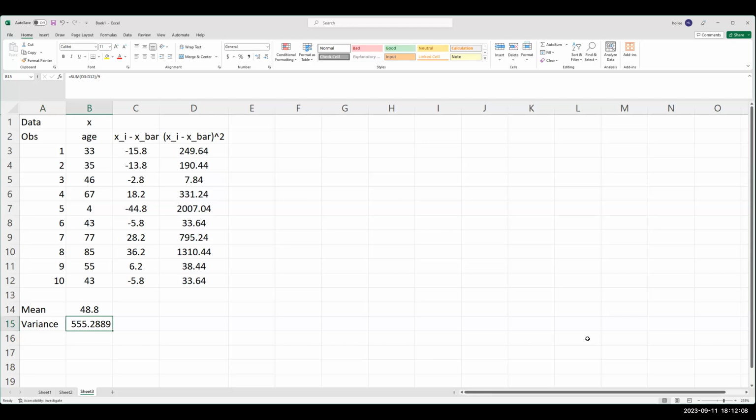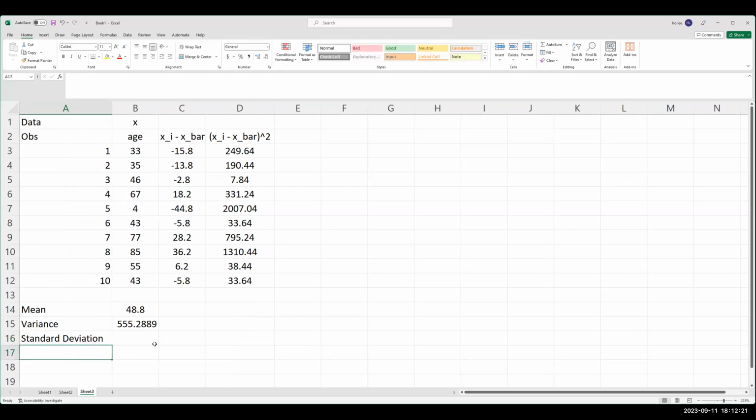There's a variance. So that's how you do it if you didn't know the variance formula. And then we have standard deviation. This is equal to this to the 0.5, or the square root. That's how you do square root, to the half power. And it's this.